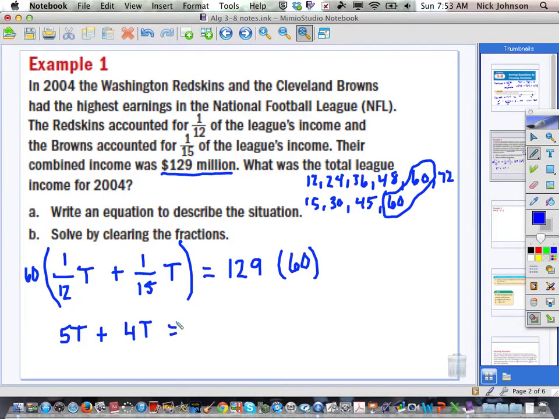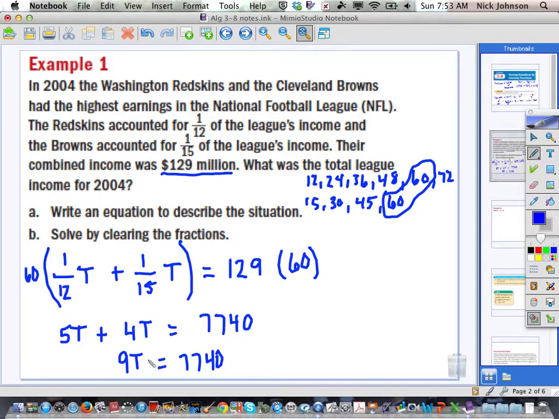Has to equal 129 times 60, which you could do on your calculator, 7,740 million. If you notice right here, I have like terms. 5t plus 4t is 9t equals 7,740.